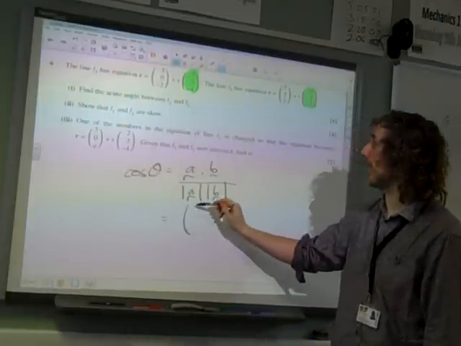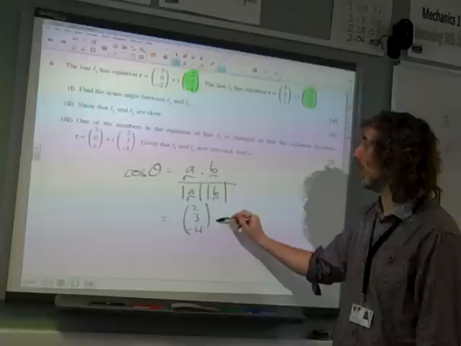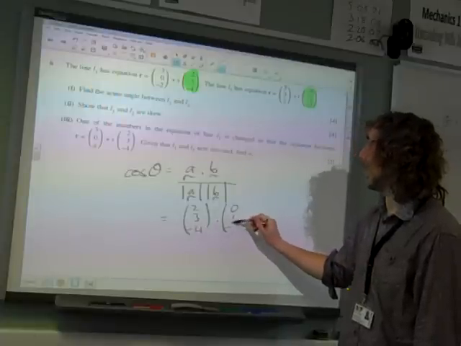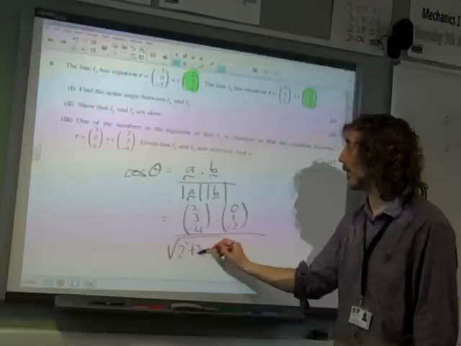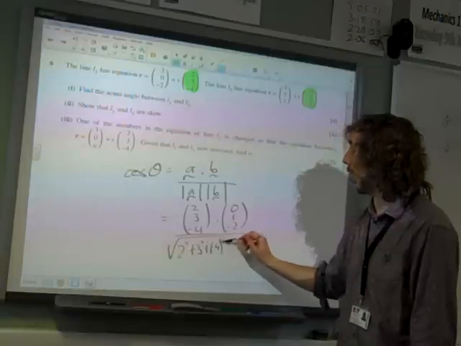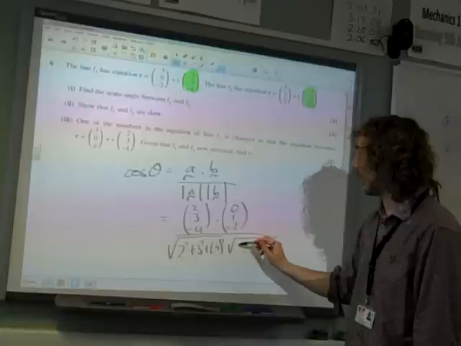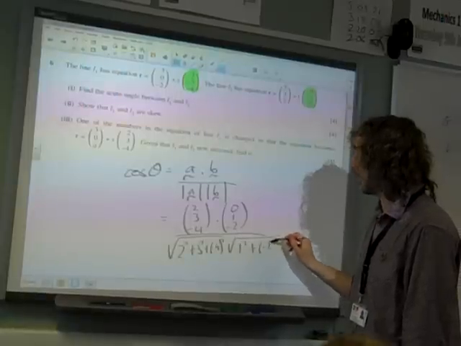So in this context, that is (2, 3, minus 4) dotted with (0, 1, minus 2), divided by the square root of 2 squared plus 3 squared plus minus 4 squared, times the square root of 0 squared plus 1 squared plus minus 2 squared.